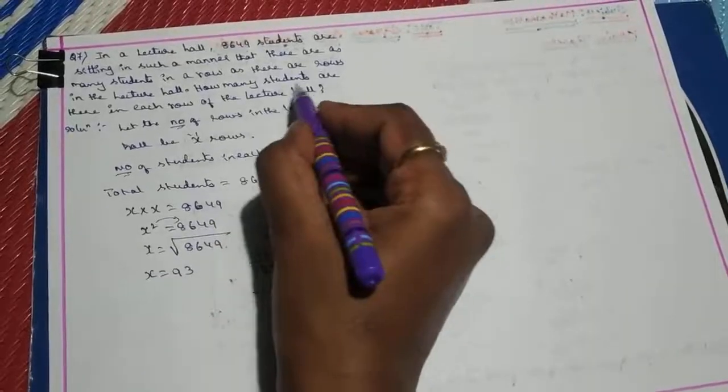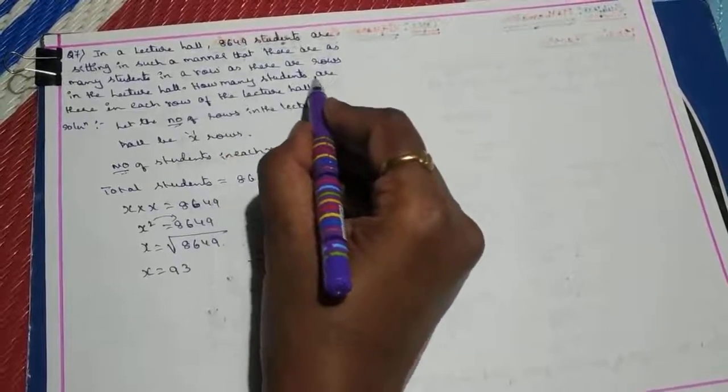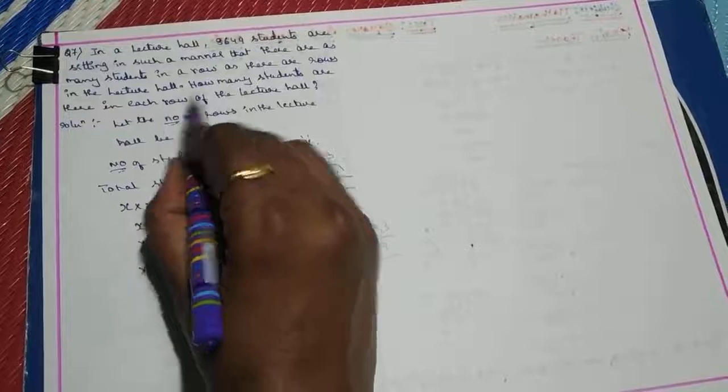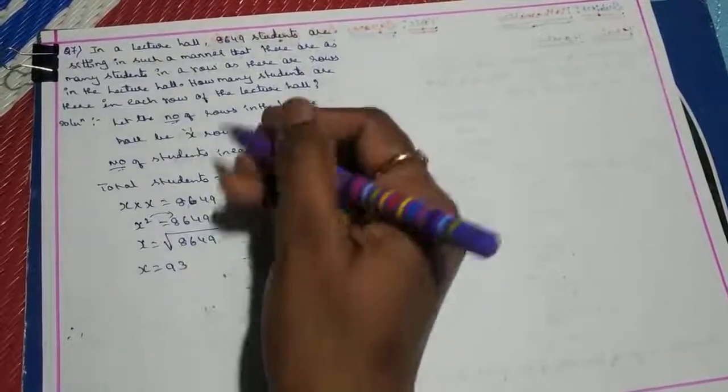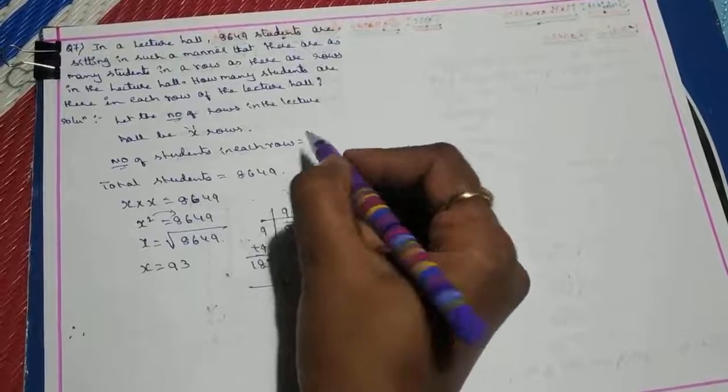According to the question, we are asked to find the number of students in each row. Therefore, the number of students in each row is considered as x.